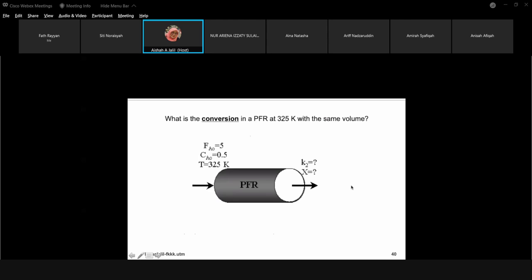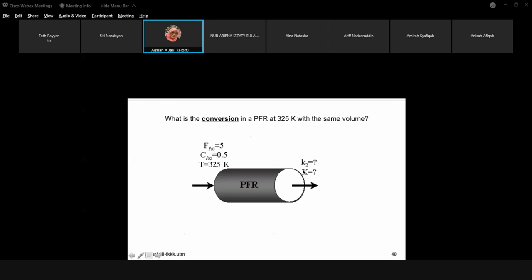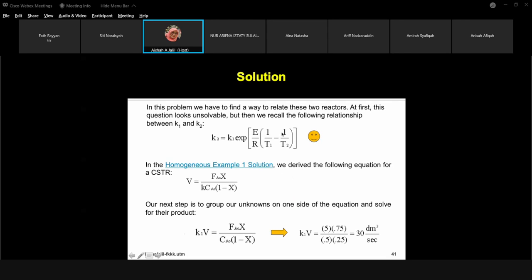For the CSTR, they want you to calculate the V and k, but for the PFR, they want you to calculate k2 and also X. So how to calculate this one? No other equation can be used to calculate the second k other than the Arrhenius equation. So just use the Arrhenius equation.